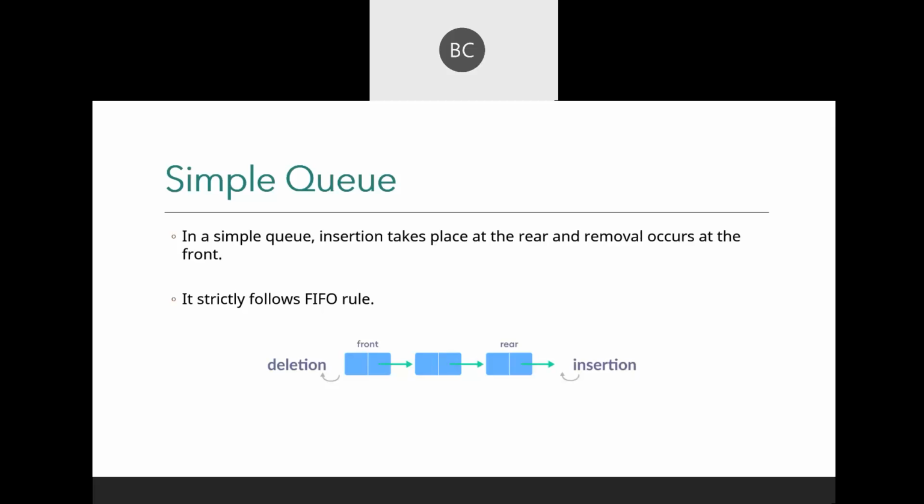This is the simplest type of queue which will follow FIFO. Normal array, if this is front and this is rear, you will add an item from here, delete an item from here.